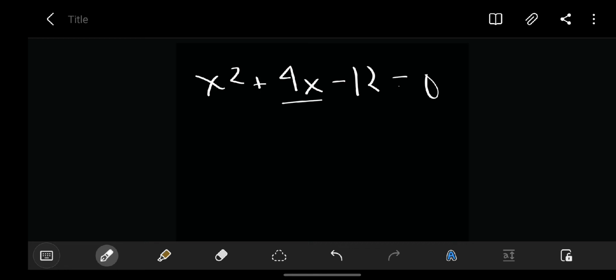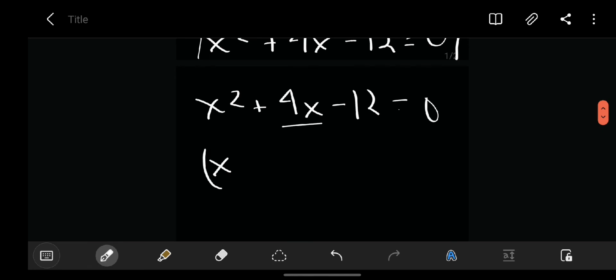If you add them up, it will equal 4. So let me write x, don't forget the parentheses, plus 6, then x minus 2. If we multiply 6 and negative 2, it becomes negative 12, so that's correct. If we add 6 plus negative 2, it becomes 4.